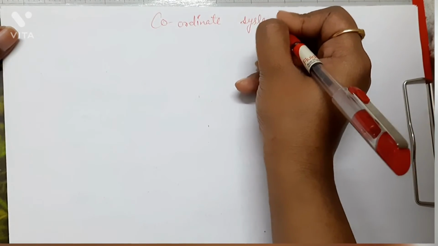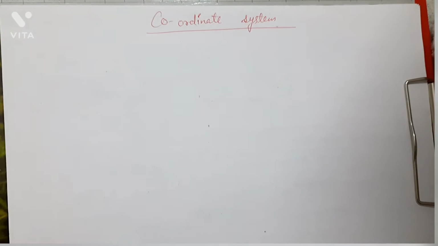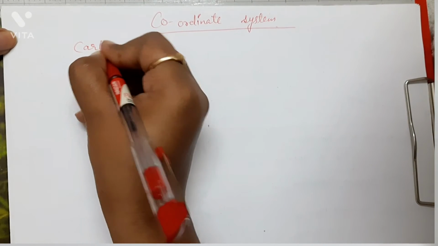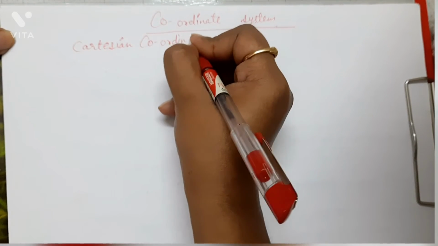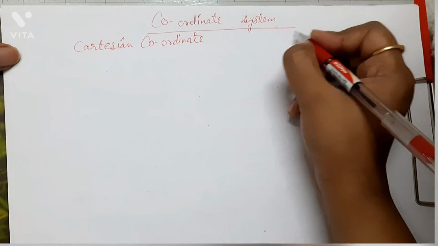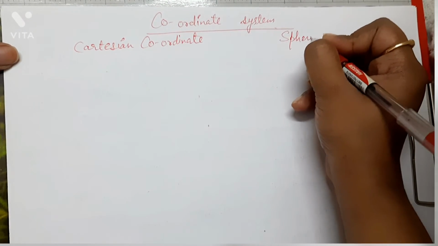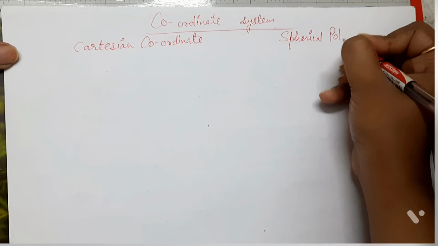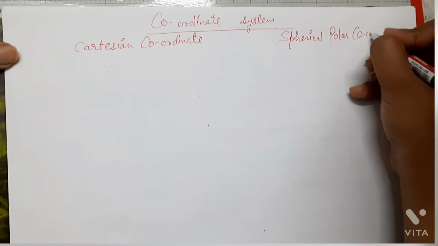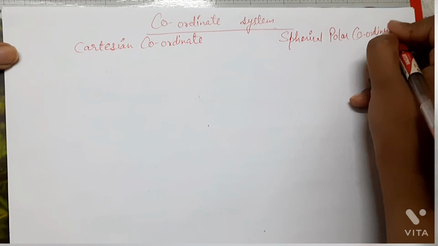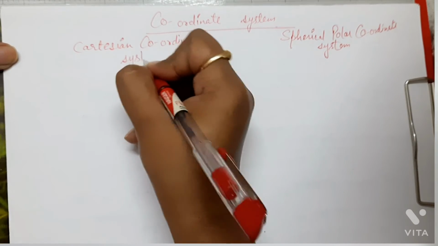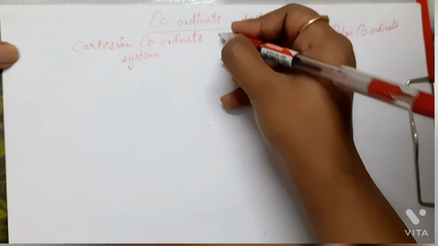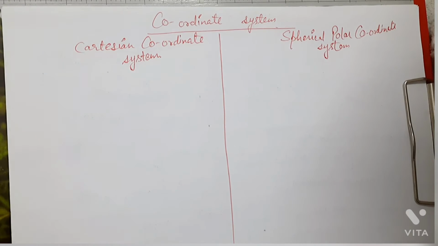We need very basic knowledge of two systems: one being the Cartesian coordinate system, and the other being the spherical polar coordinate system. So we need to discuss these two systems.